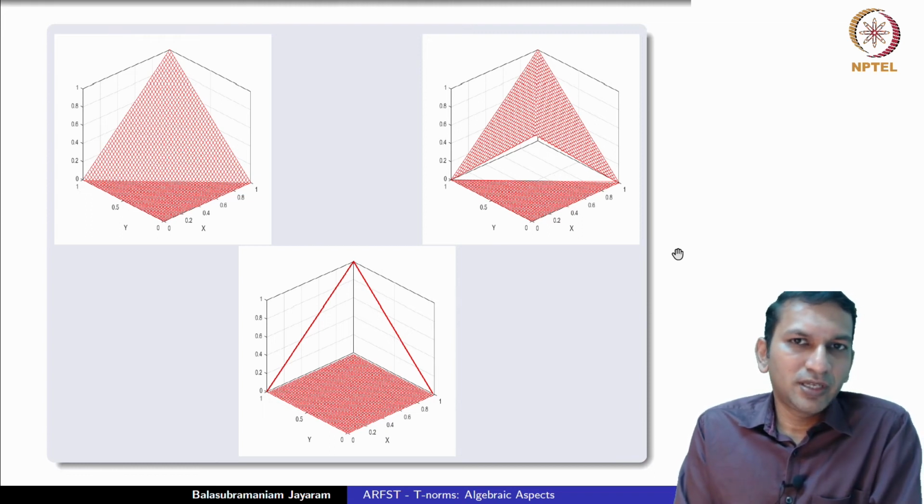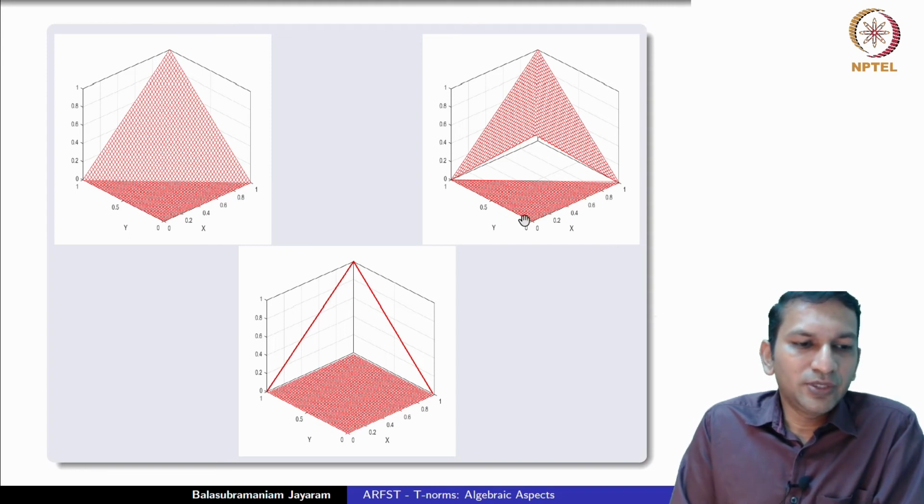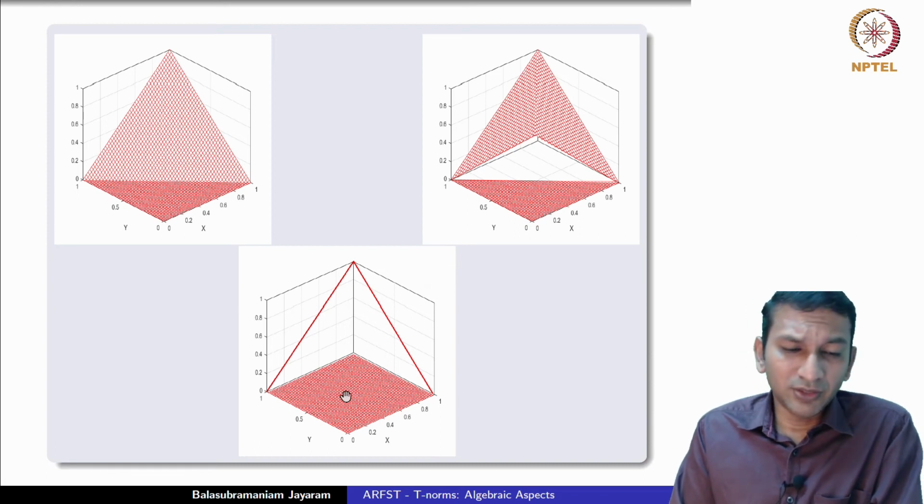Strict monotonicity, we understand, means the graph cannot be constant anywhere other than on the 0 boundary, that is where x is 0 or y is 0. And you see here, while in this region it is strict, there is a constant region here. Similarly here and similarly here. So that means these 3 T-norms are not strictly monotonic.